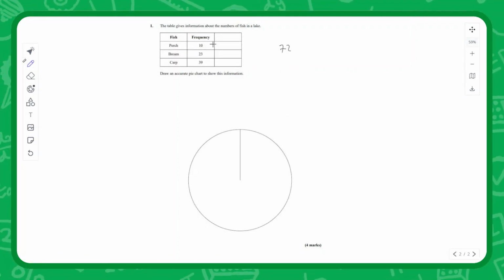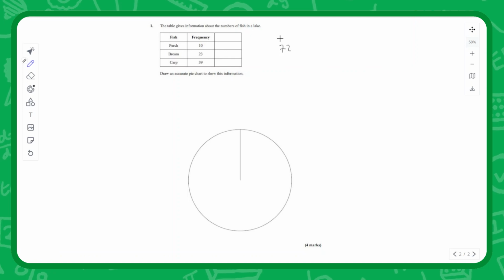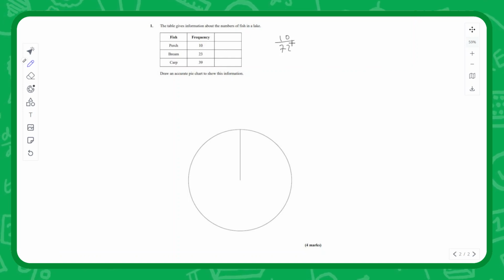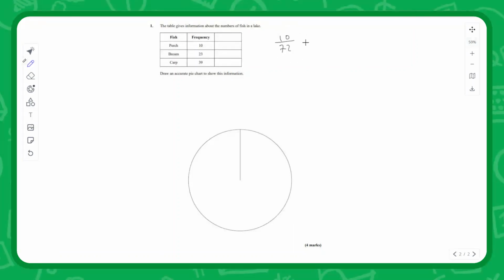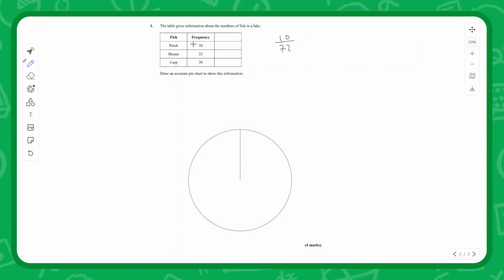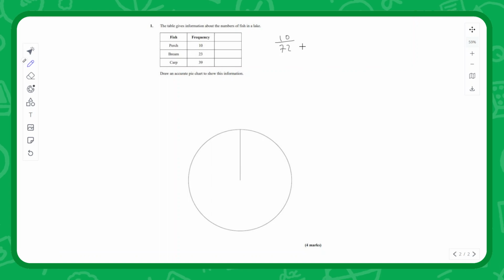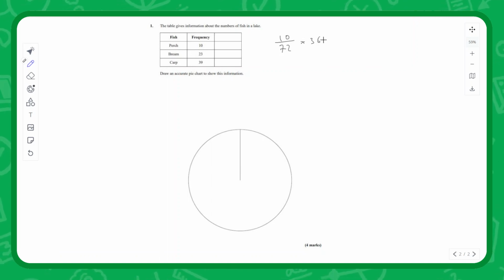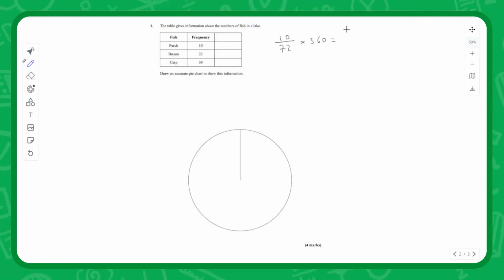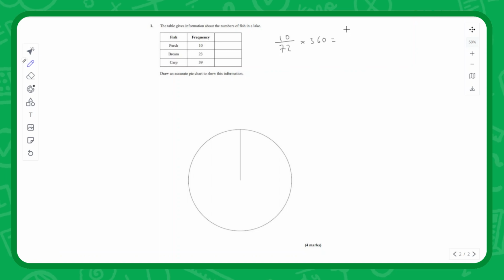And the first category, perch fish, is going to be 10 72ths of the total sample. So that's going to be the fraction of the circle that I need to shade in to represent this first category. So I can do 10 72ths of 360 degrees. That's my total circle. If I do 10 72ths times 360, I end up with 50 degrees.